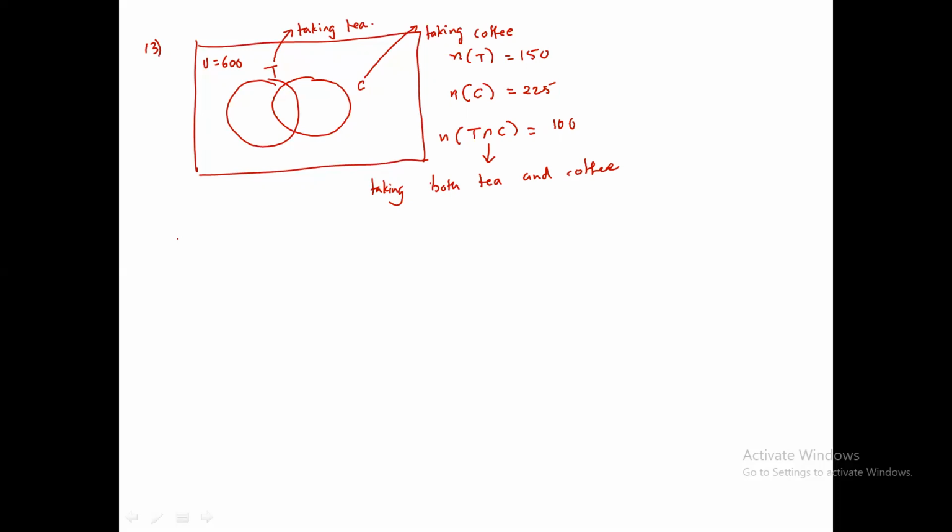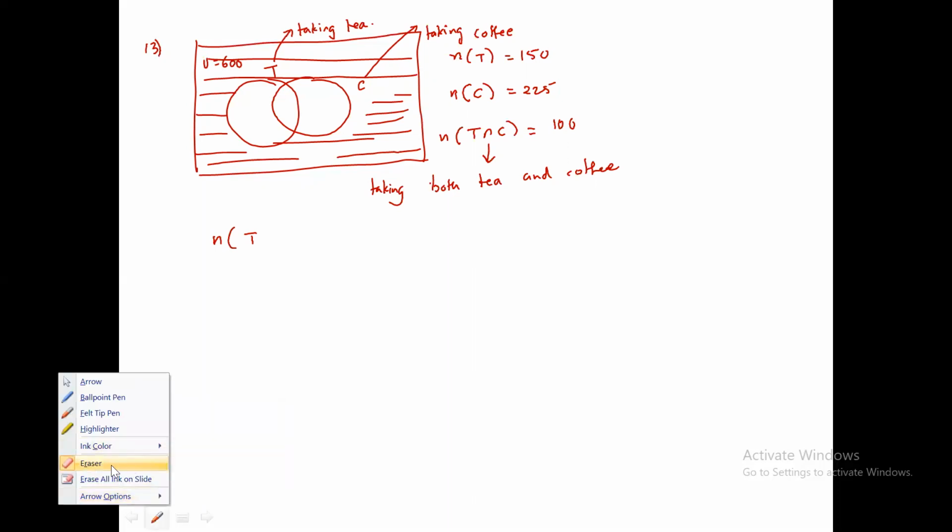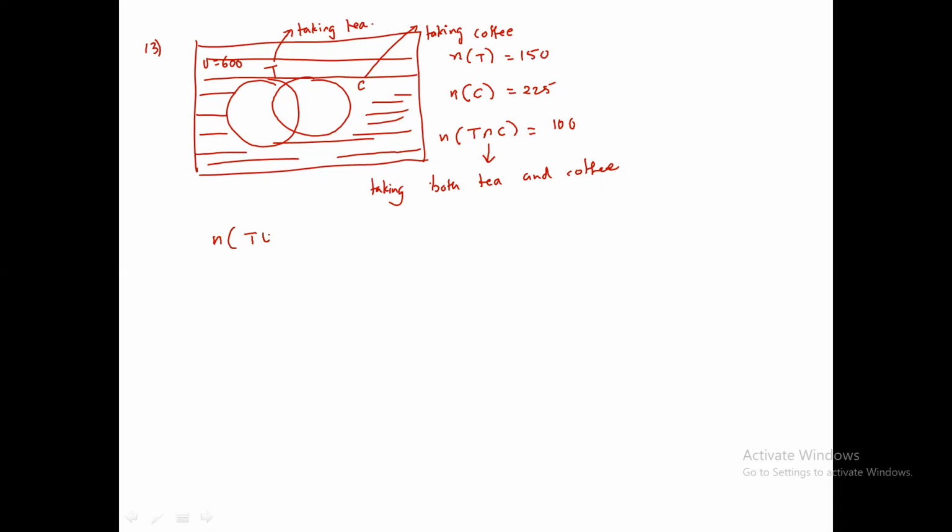They're asking how many students take neither tea nor coffee. What do you mean by neither tea nor coffee? The students are not in the circles at all. They are not taking tea, and they are not taking coffee. So the number of students taking neither tea nor coffee means they are completely outside, in (T union C) complement.